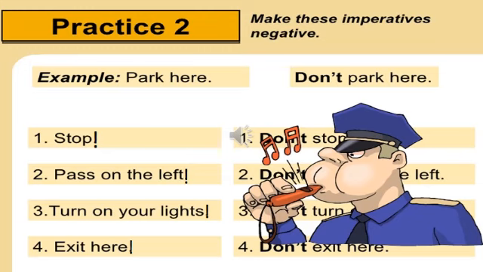But in negative form, don't pass on the left. Number 3, turn on your lights. But in negative form, we used don't. Don't turn on your lights. Number 4, exit here. But in negative form, don't exit here.